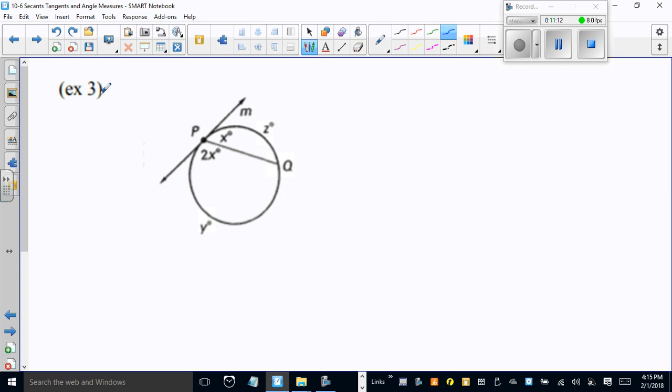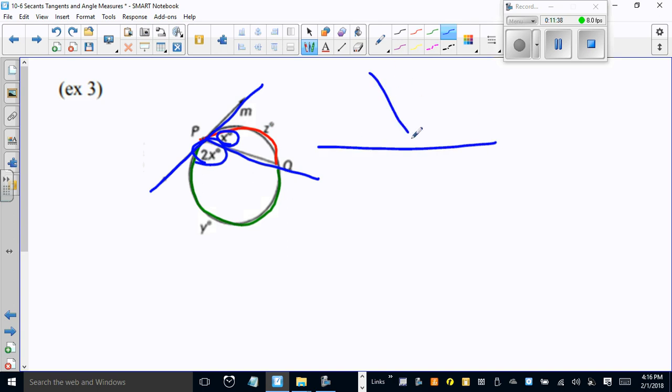Alright, exercise 3. We have 2x, we have x, we have z degrees. Z degrees would be this portion of the circle. And then we have y degrees, which is this portion of the circle. And then we have this line made up of angle 2x and angle x. Now if I write it like this, and I have x here and 2x here, it makes a semicircle or a straight line, which we call a linear pair.